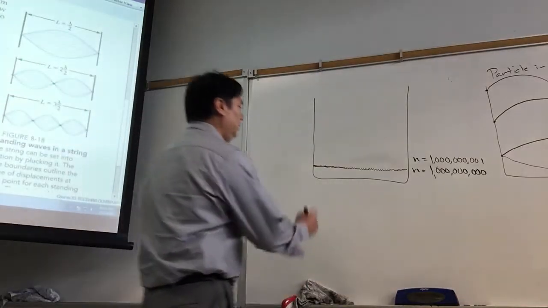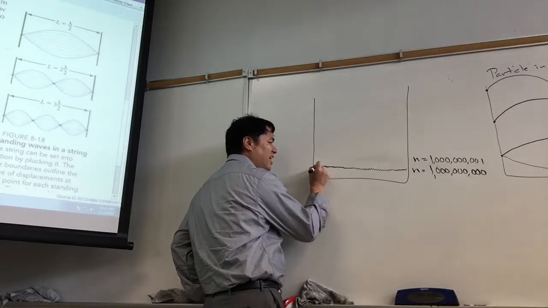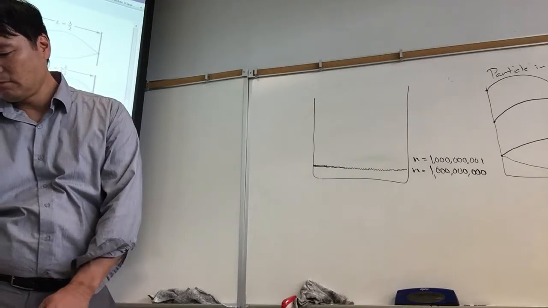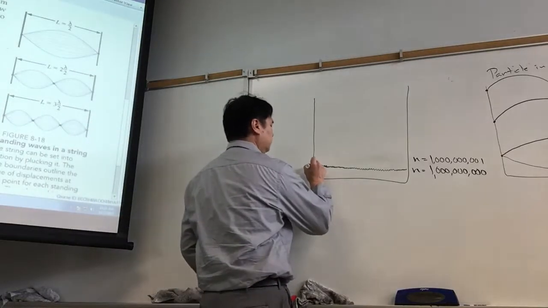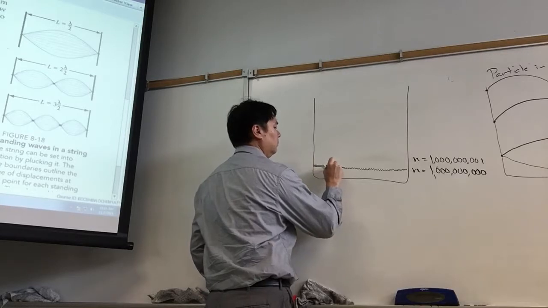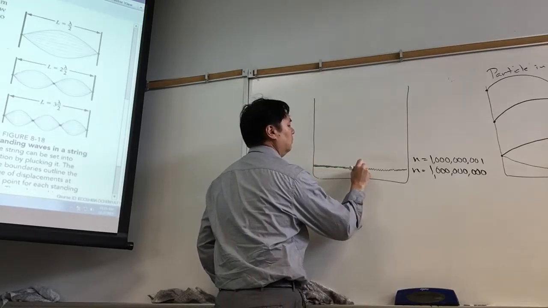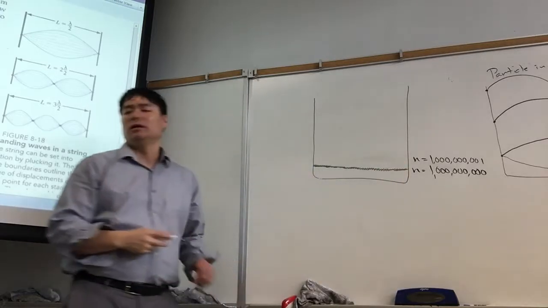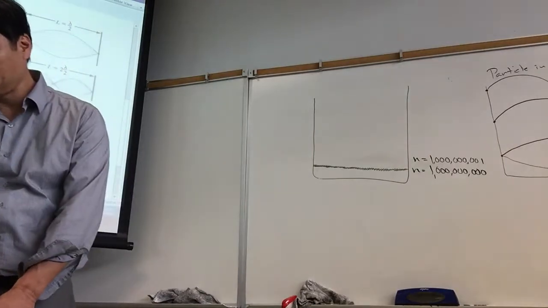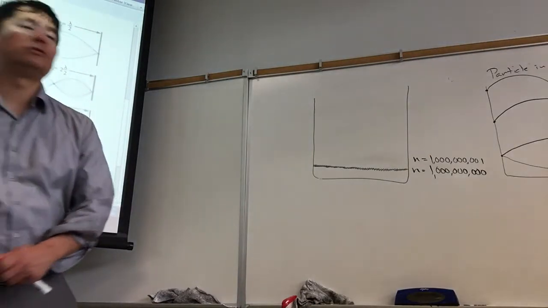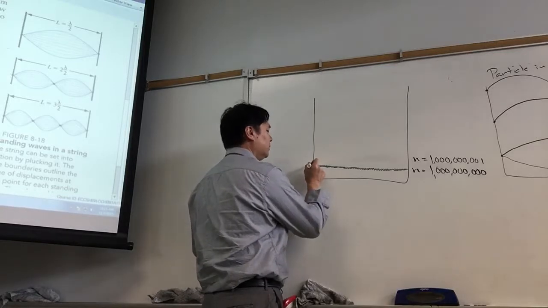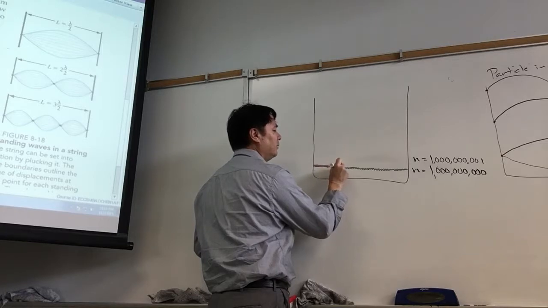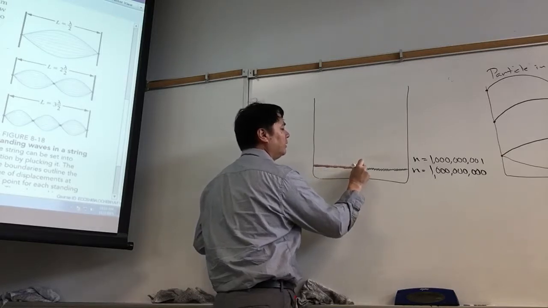No. In fact, the next allowed energy is right on top of it. What's the next allowed energy after that? 1 billion and 2. It's barely any higher. In fact, it's pretty much just overlapping 1 billion and 1.